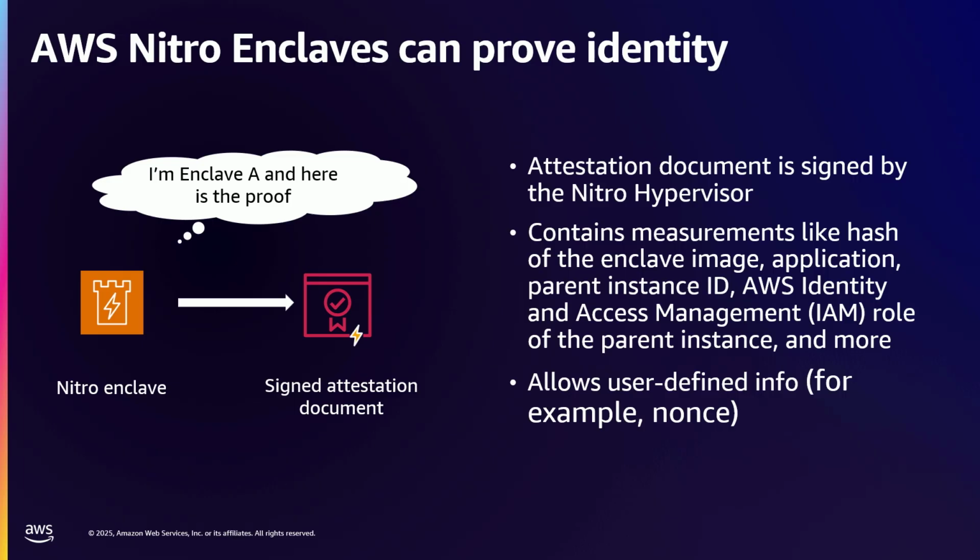But the most important property is this attestation document, regardless of how it's formed or created, is signed by the Nitro hypervisor, right? And what it lets you do, because of that fact, is it enables you to do remote attestation. So if you go back a couple of minutes ago when I said, how do you confirm or verify that the entity or process you're talking to is in fact running in a TEE, this is exactly that mechanism.